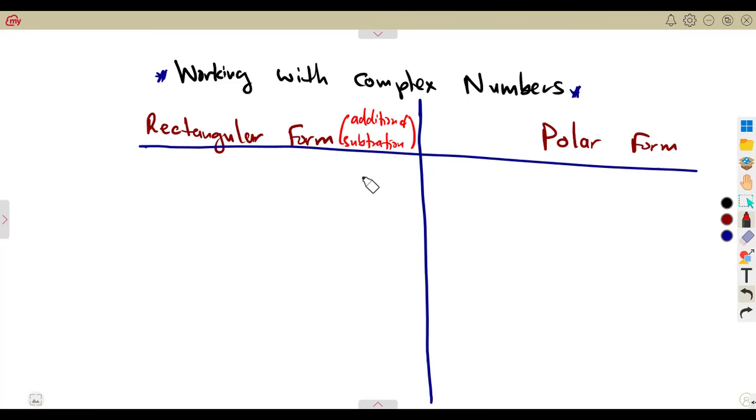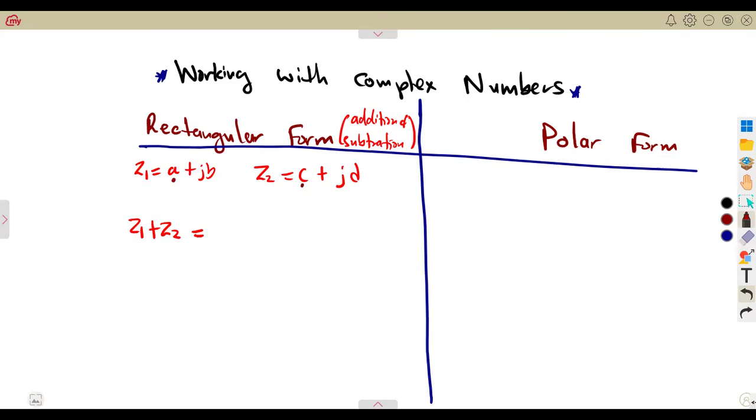Where you are given Z1 equal to A plus JB, and you are given Z2 equal to C plus JD. If I am to add Z1 plus Z2, guys, it's easier because we are simply considering the real terms on their own.